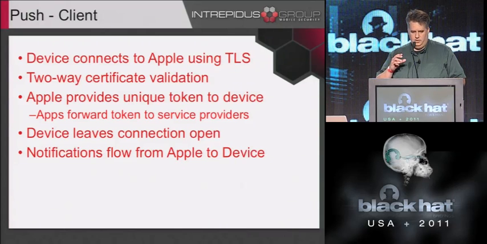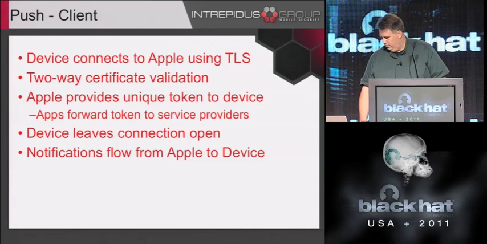So the client makes sure that it's getting a proper cert from Apple, but Apple has to make sure that it's getting a proper cert from the client, and the certificate that it's looking for at the client is actually a cert unique to that device that's installed on the device by iTunes when you activate it. So you've actually got an Apple-issued, Apple-signed certificate unique to the iOS device that's installed on it, and that's used to help establish that APNS connection.